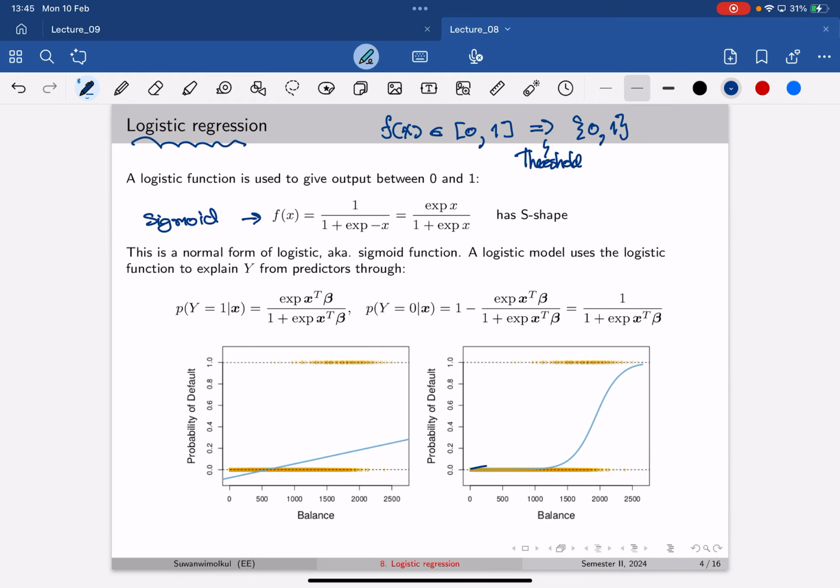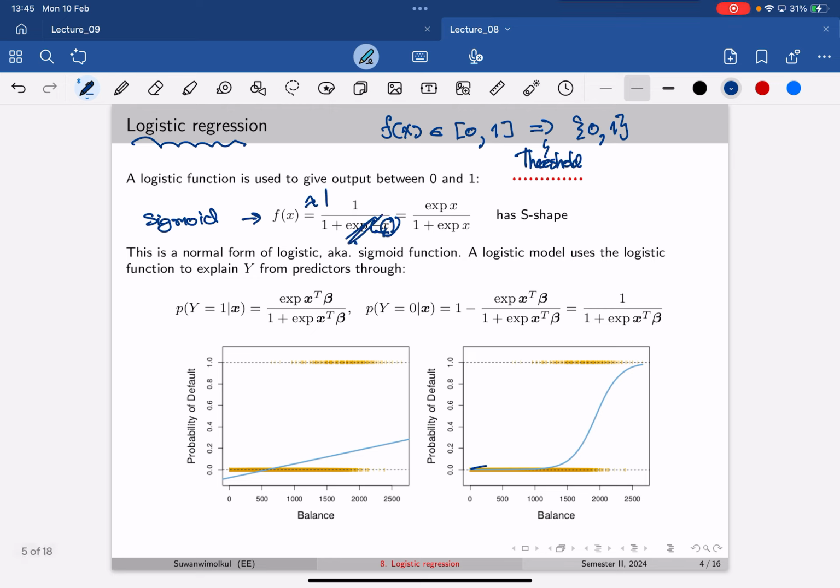If we want the probability of y equal to 1, that is an exponential function like this, right? If the exponential of a very high negative value, or beta x is very high and then negated, so the exponential is very low, then you get f(x) nearly equal to 1.